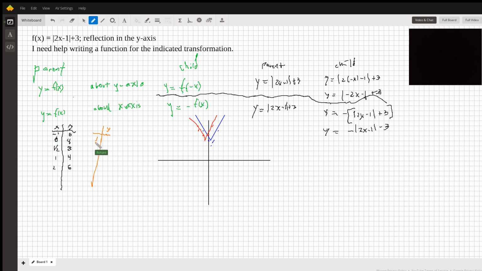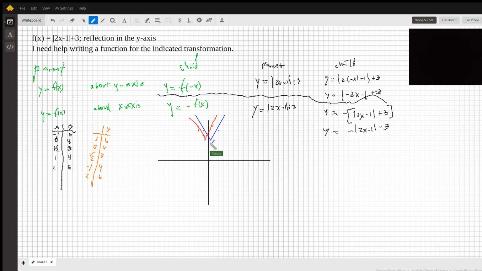So this would become 1, and then 0, and negative 1/2, and negative 1 and 2. We'll just copy out the same y values here. 6, 4, 3, 4, 6, and then these will match this red curve here.